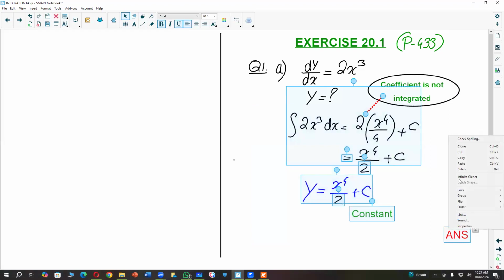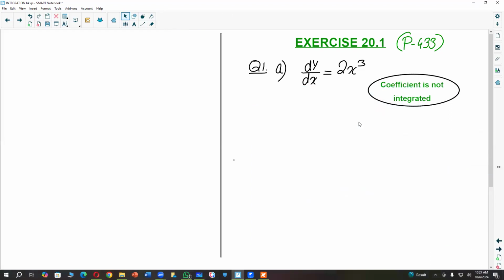So when dy upon dx is given, your target is to integrate. Now look at question number 1A, copy 1A. dy upon dx is equal to 2x cube. Remember the rule. When dy upon dx is given, it means you have to integrate. So now you have to copy this.